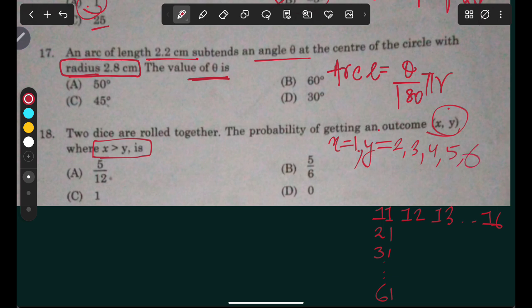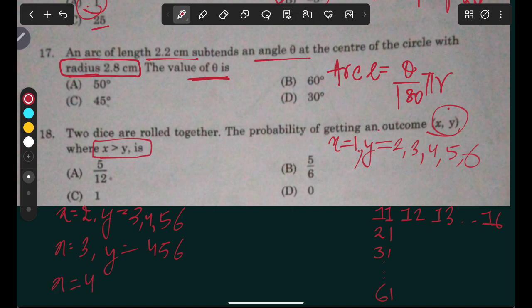For x is equal to 2, y can be 3, 4, 5, 6. For x is equal to 3, y can be 4, 5, 6.